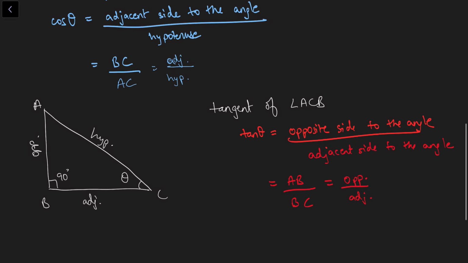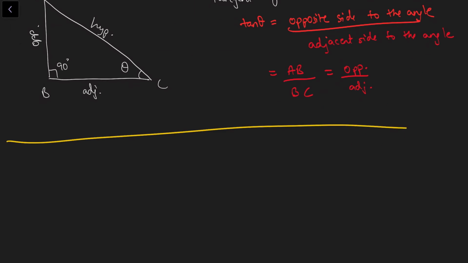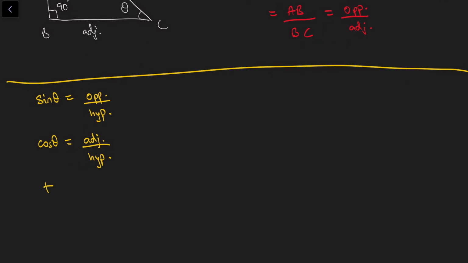So far we've learned that sine theta is equal to opposite by hypotenuse, cos theta is equal to adjacent by hypotenuse, and tan theta is equal to opposite by adjacent.